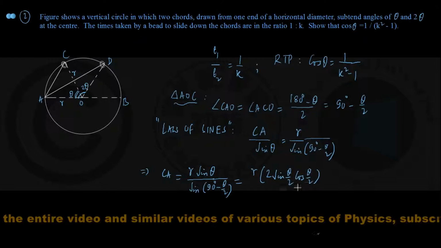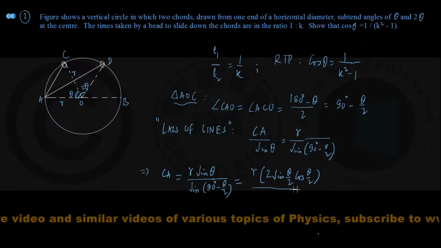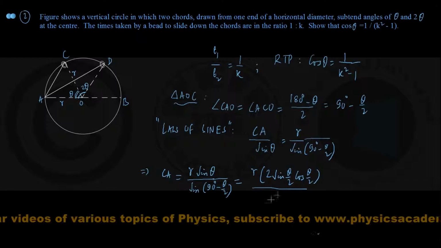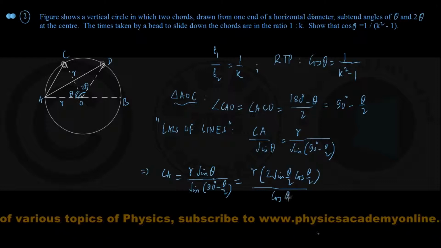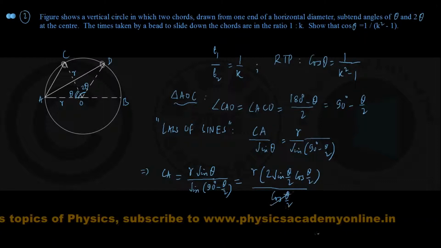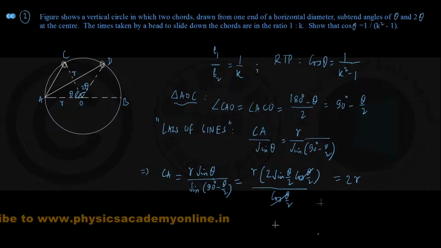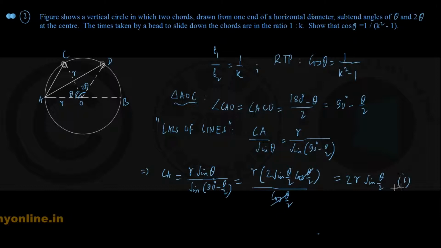This is the submultiple angles formula, and sine of 90 degree minus theta by 2 is of course cos theta by 2. We get rid of cos theta by 2 in numerator and denominator, and I am getting the length CA can be expressed to be twice the radius of the circle into sine of the angle theta by 2. That is my first important step result.